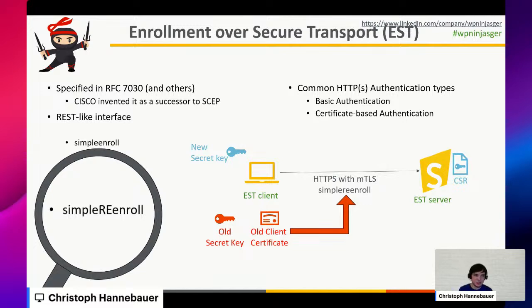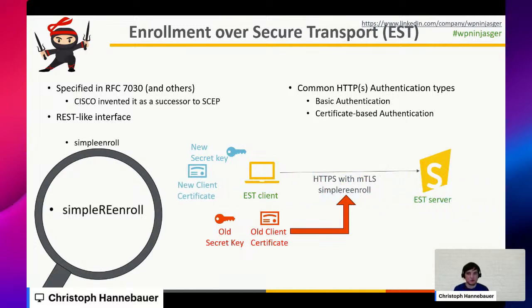And then the EST server sees with which certificate the EST client authenticated, and it can then decide, is this enough or what is it? In the case of Skypeman, which also supports this enrollment method, we made it so that the new certificate must look exactly like the old certificate, just that it is valid for longer.